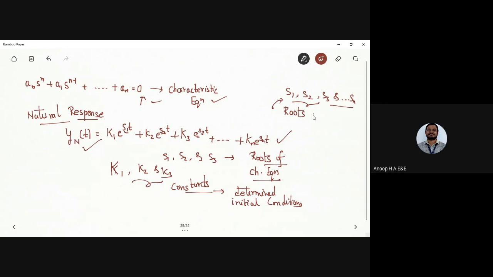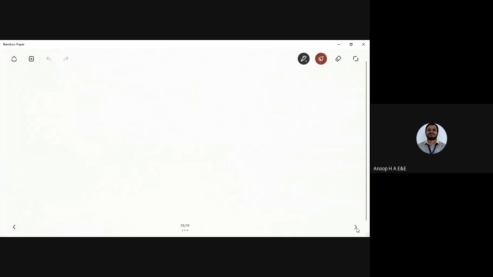This is how I can determine the natural response of the system, and k1, k2, k3 can be determined by applying the specified initial conditions to the total response of the system. These initial conditions are found from the total response of the system.